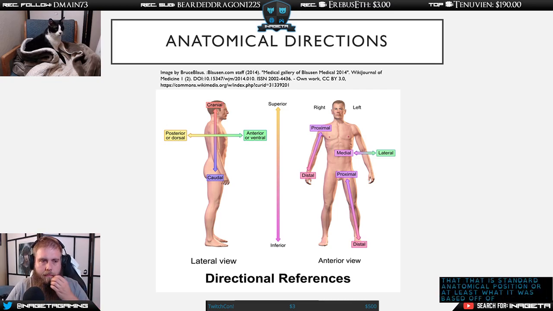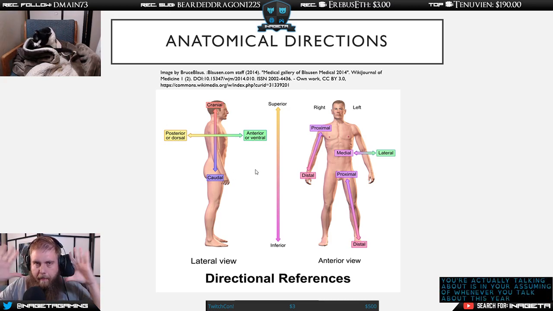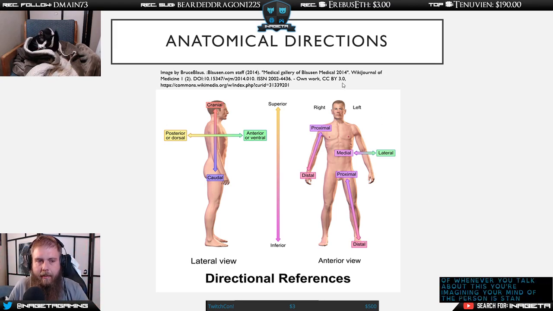Whenever we're talking about these directions, you are assuming whatever position the person you're talking about is in. You're imagining in your mind that the person is standing like this, okay?